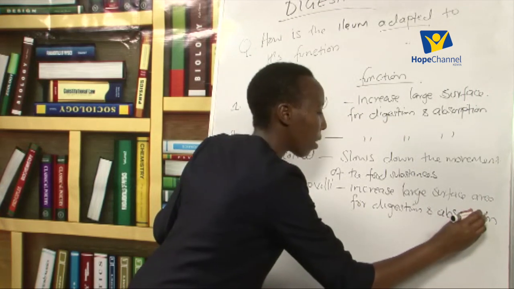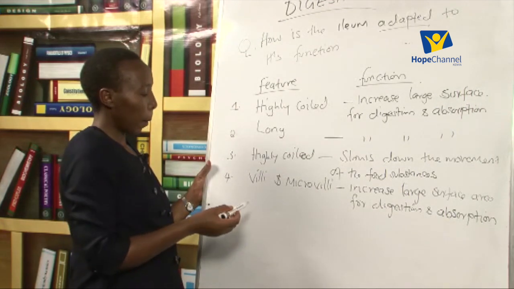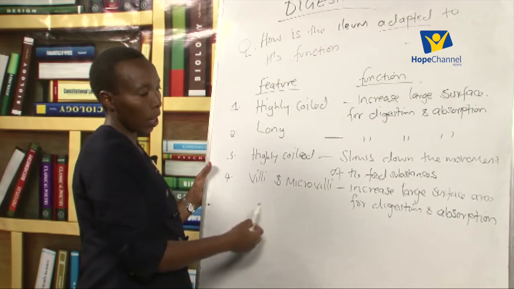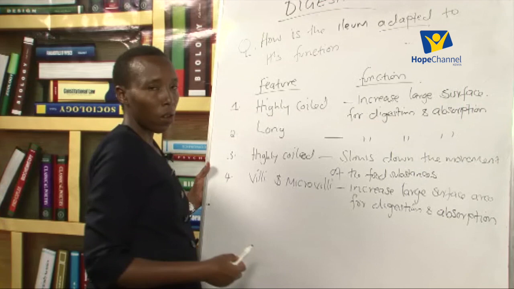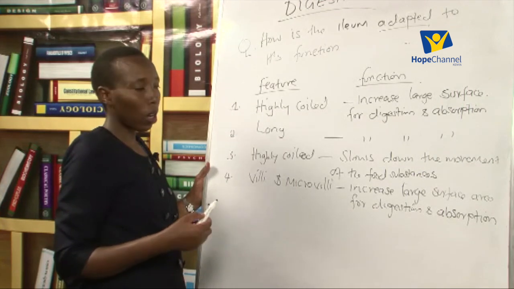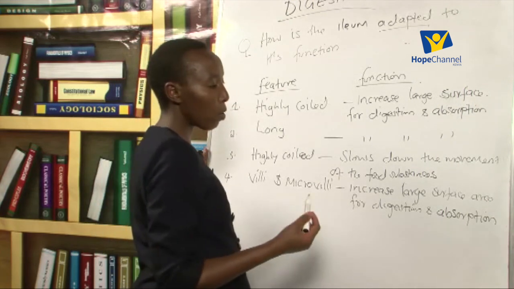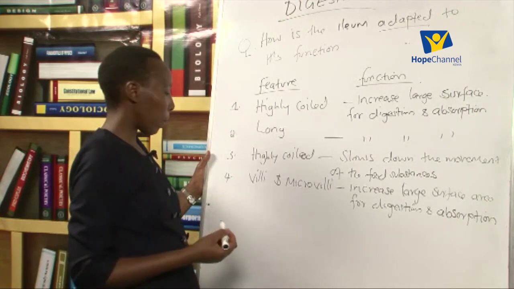So we are saying that there are structures along the ileum that we call the villi and the microvilli, and their work is also to increase the large surface area so that the process of digestion can complete, and also absorption of the end products of digestion can take place.